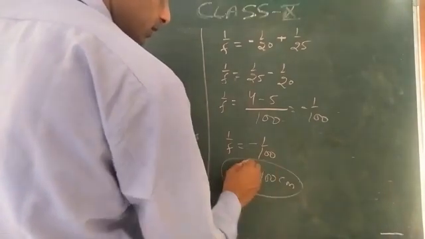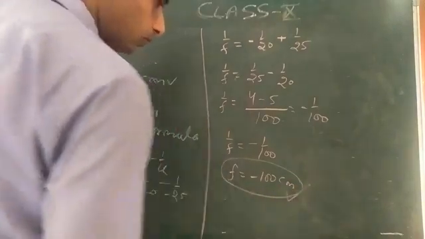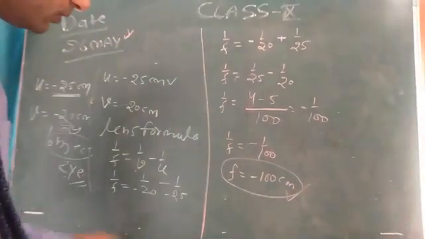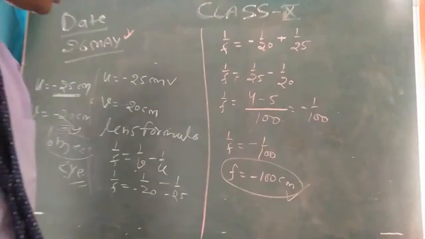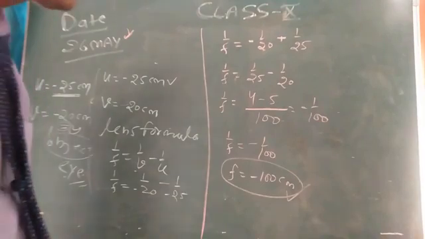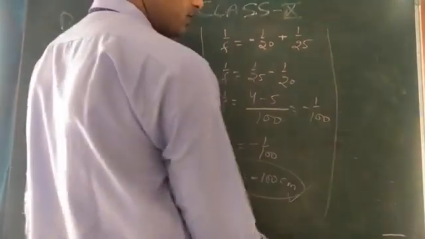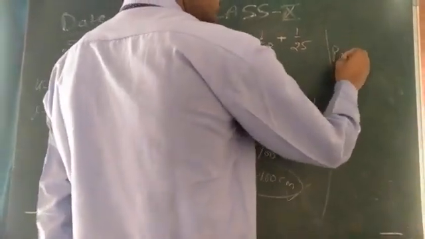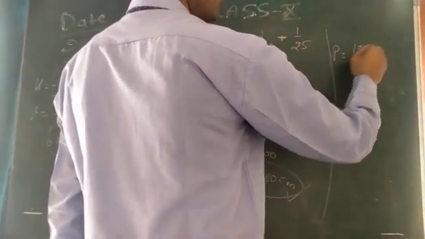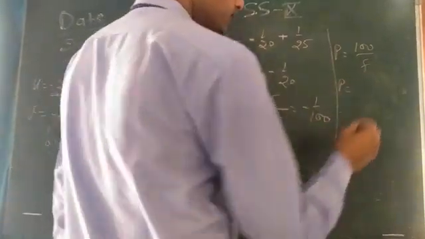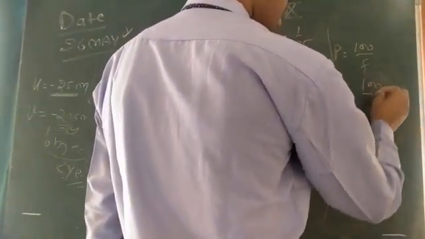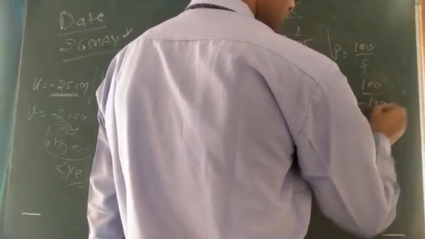So this is the focal length of the eye lens which is used to correct this defect. Now we can find the power. As you know, P equal to 100 upon f. So P equal to 100 upon minus 100.